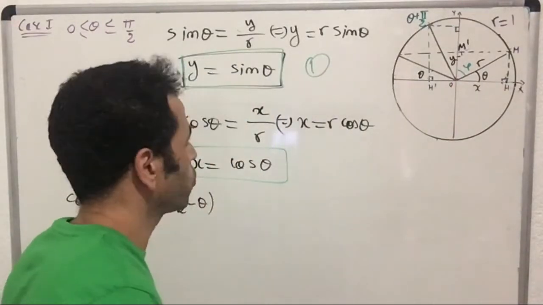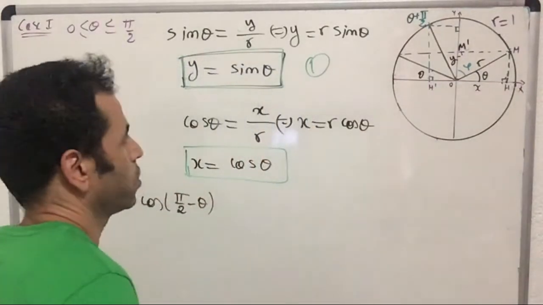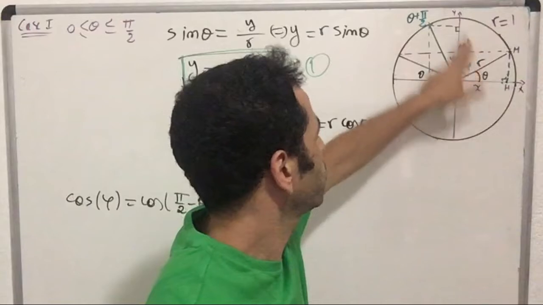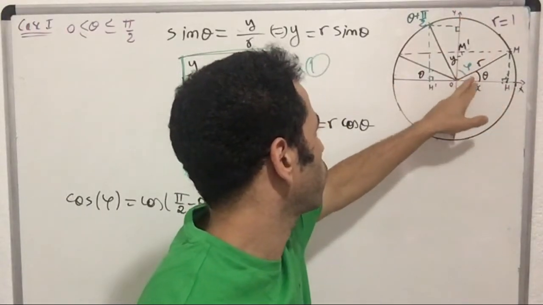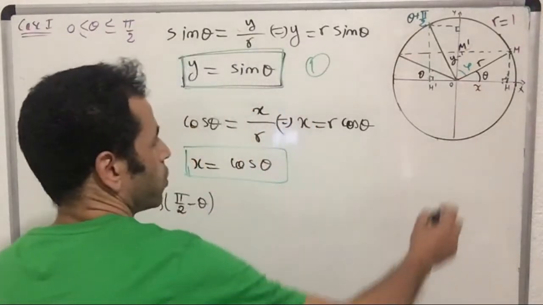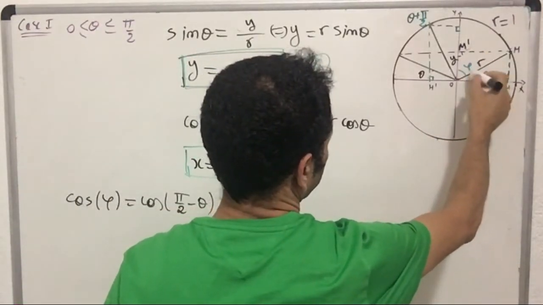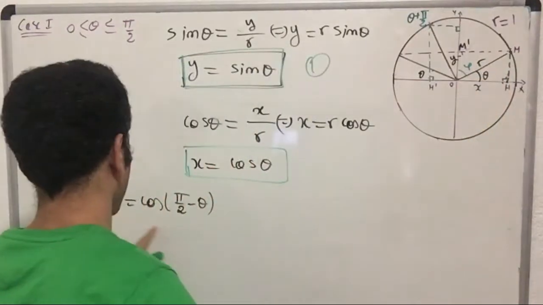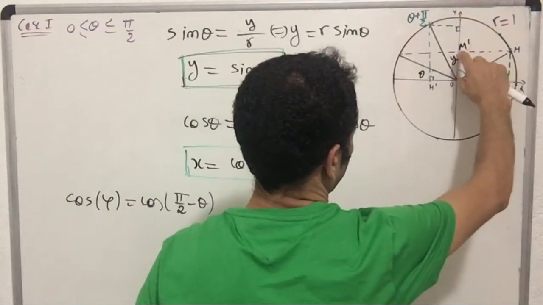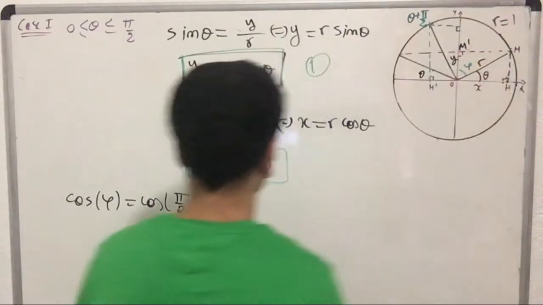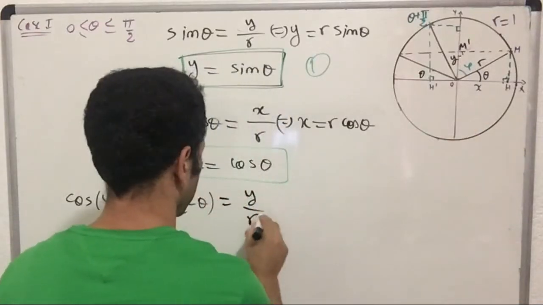Now let's move on to calculate cosine phi, okay? As you see here, since we have orthogonality, because the vertical axis and horizontal axis make pi over 2, phi equals pi over 2 minus theta. Now cosine of pi over 2 minus theta, which is phi, equals this distance adjacent, which is y, over hypotenuse, which is r.